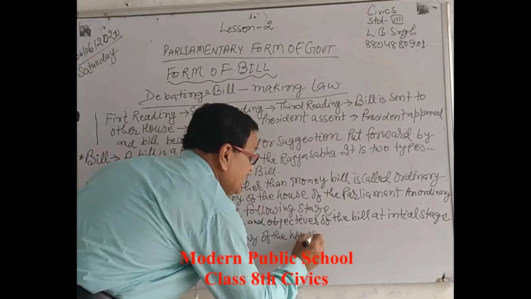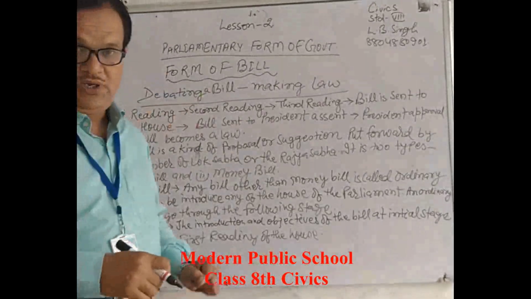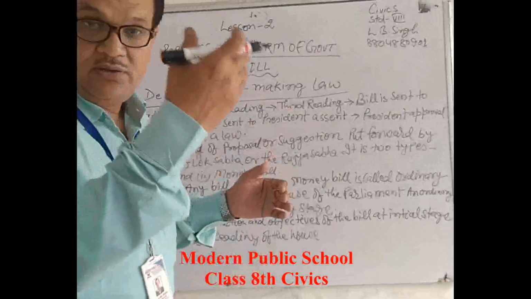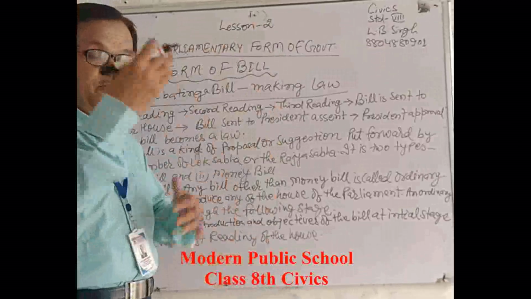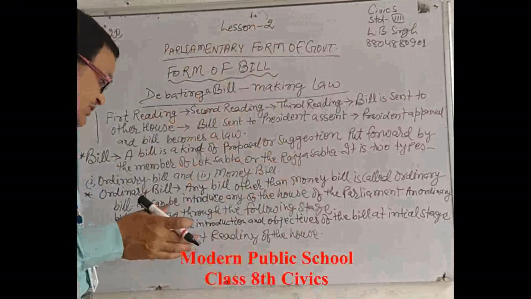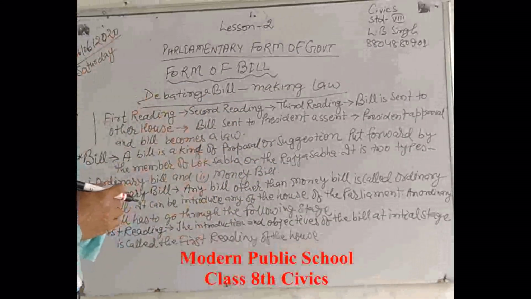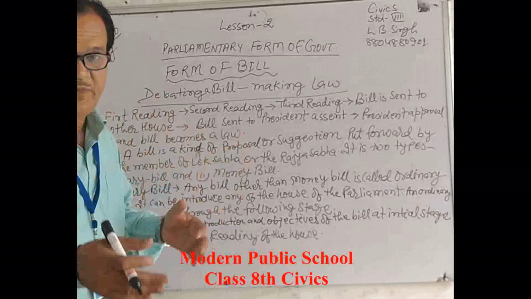Do you know this thing? I have told you, any member, that means a member of parliament, the minister or another private person, can produce an ordinary bill in the house. No other person is allowed.